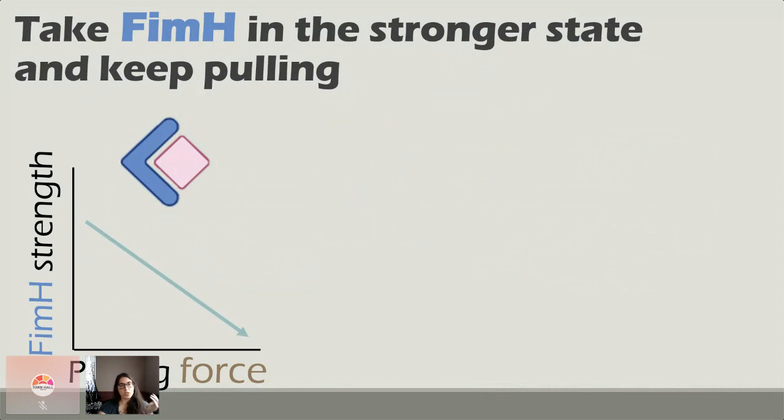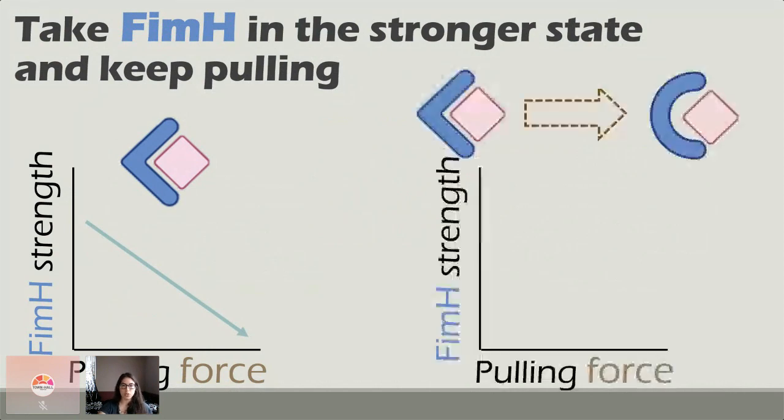And it would decrease in such a way that it forms this straight decreasing line. But let's say it turns out that FimH is changing shape. Well, then it's a little bit harder to predict how the strength of FimH is going to change. Most likely it will possibly increase before eventually decreasing, or some possible two-direction lines.